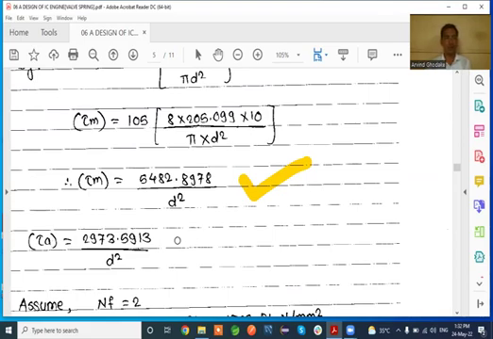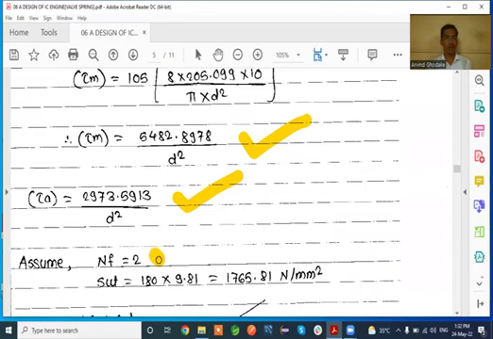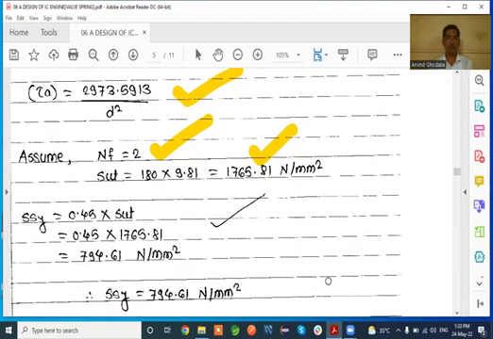Similarly, tau a is 2973.5913 by d square. Assume factor of safety Nf is equal to 2 and ultimate strength is equal to 180 into 9.81, so it will be 1765.81 Newton per mm square.